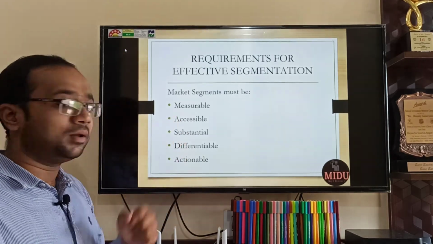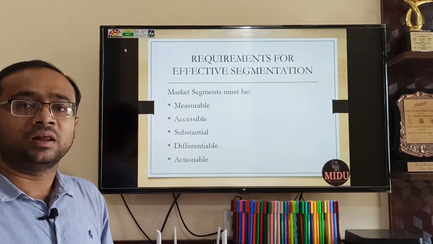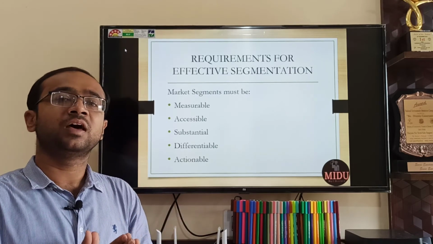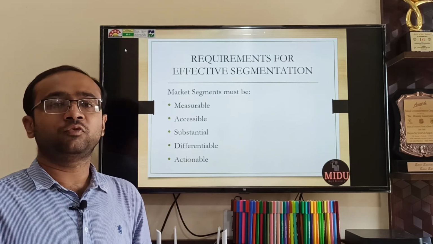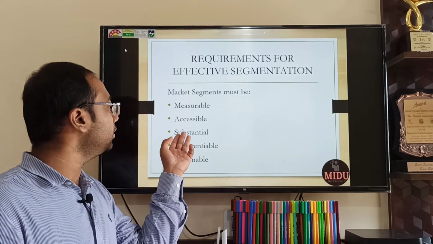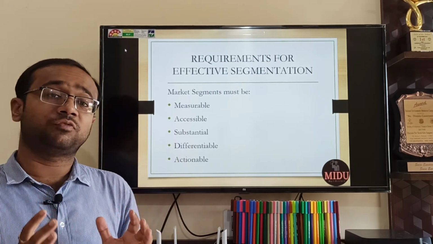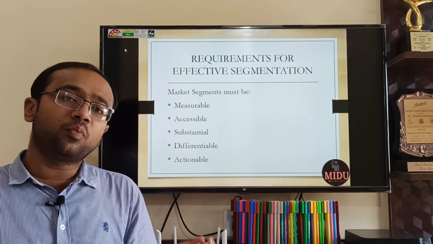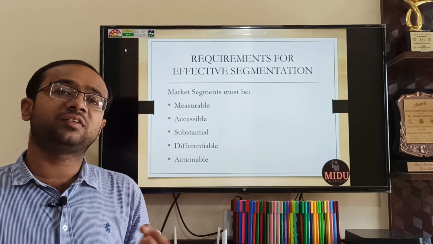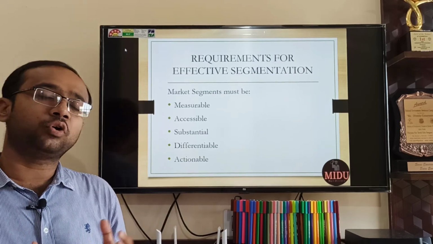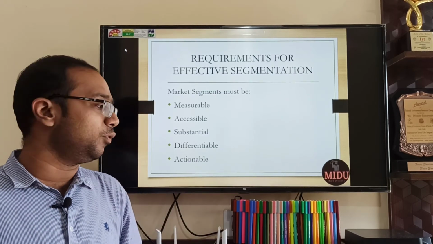It should be measurable. Second, accessible. With your resources available, you should be able to access this. Otherwise, how good is that segment if you are not able to access it? Third, it should be substantial, having some certain fixed value. It should not be that it is a very small segment and you are just wasting time and effort going there and you are not able to meet the cost or achieve the break-even point.